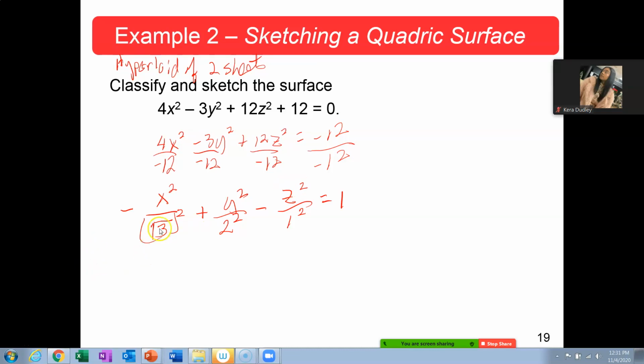A sphere would have all pluses here, not any minuses, and it would have all the same number down here. These are not, so this is not a sphere. If it was an ellipsoid, these would all be pluses here, but they wouldn't necessarily be the same numbers down here. All spheres are ellipsoids, but not all ellipsoids are spheres.